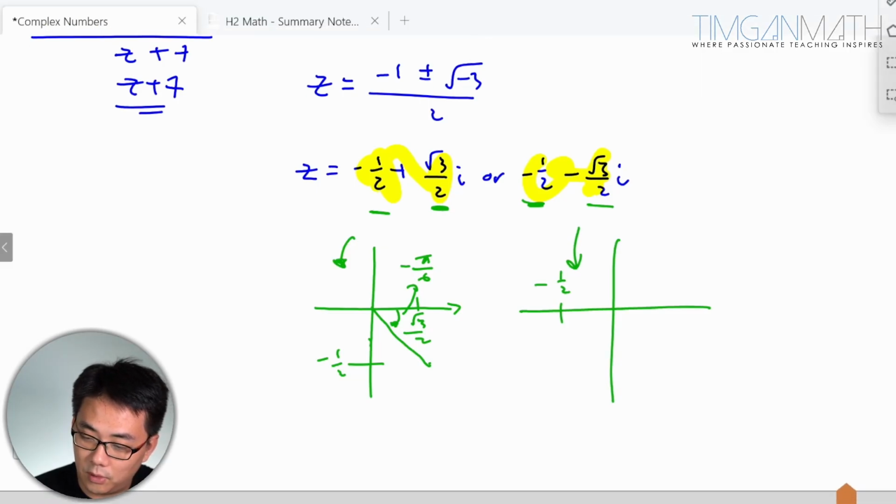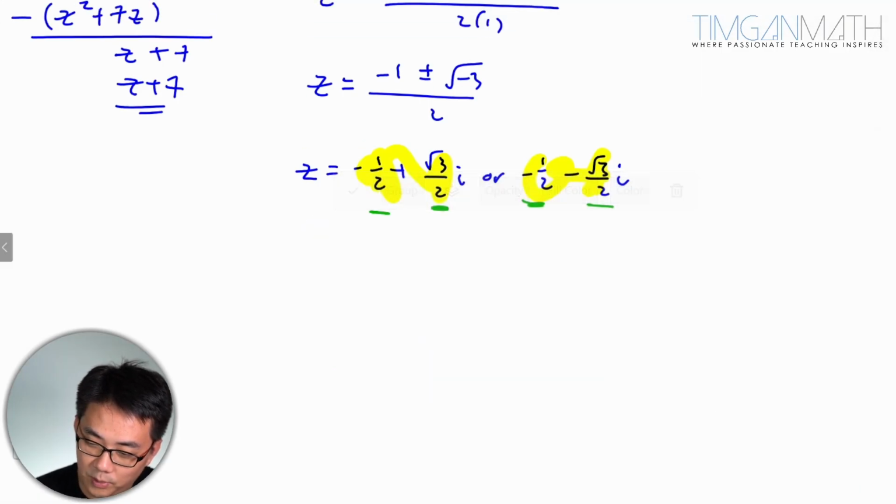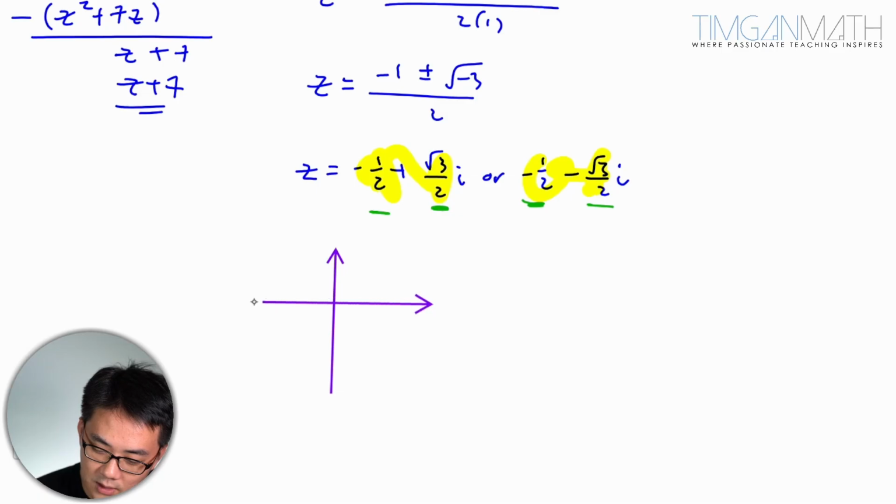Sorry, I used the wrong one. Never mind, I just do it properly. In this case here, this is pi over 3. This is negative half.